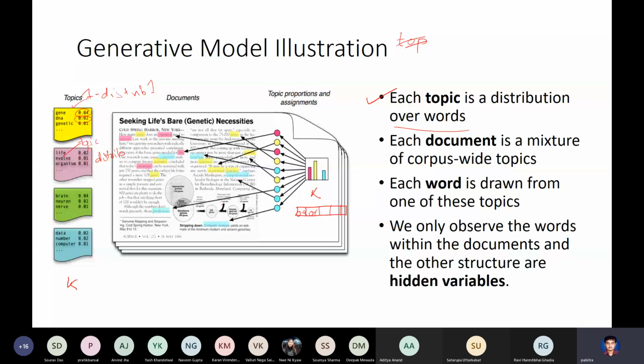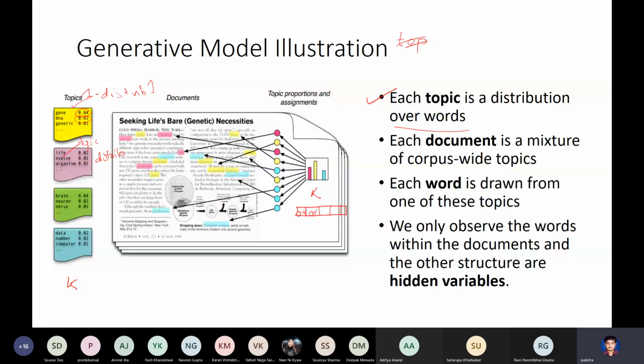In different proportions, I pick up these topics and mix them. Just like you pick up red, green, and blue and mix them in different proportions to create different colors, I pick up these topics. Well, I'll not have 3 topics, I'll have k topics, but I pick up these k topics, each with a different proportion, and I mix them.